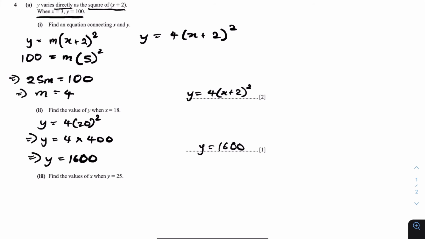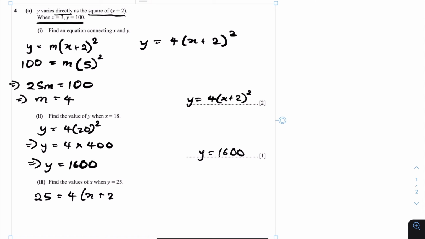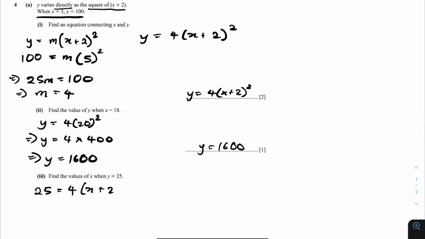And then we have the next part. We find the values of x when y equals 25. It says values because when we expand this, it gives us a quadratic, and that means there are 2 solutions. So we substitute 25 in there: 25 equals 4 times x plus 2, oops, sorry, let me write that again, squared.